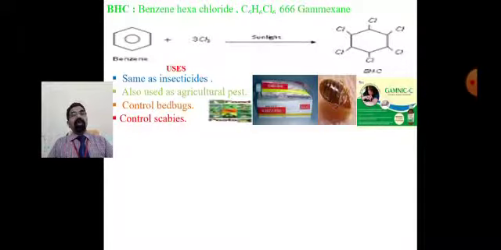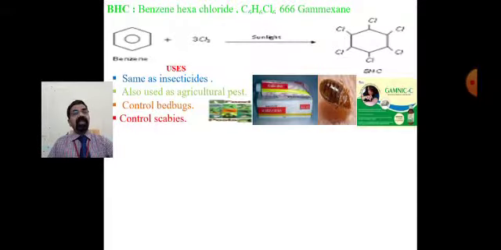It also controls bedbugs. Nowadays, it is commonly used in pharmaceutical treatment for the control of lice and scabies, which are shown in this slide as pictures. And from this picture, you can very easily remember the BHC uses and synthesis.